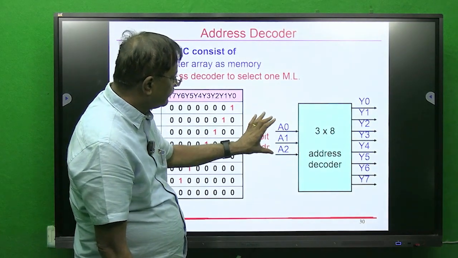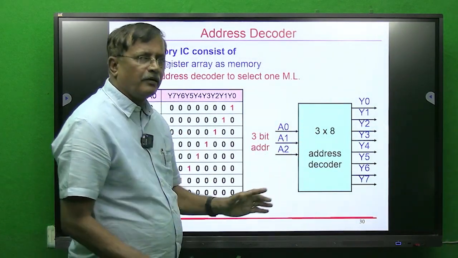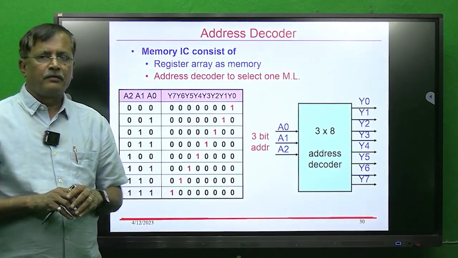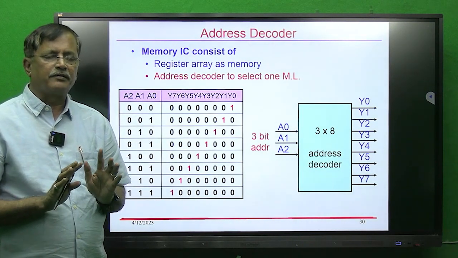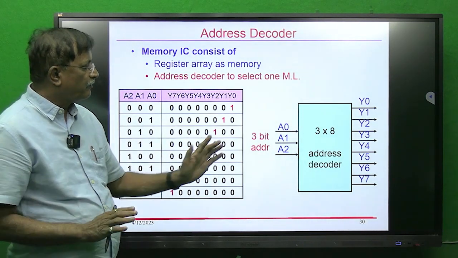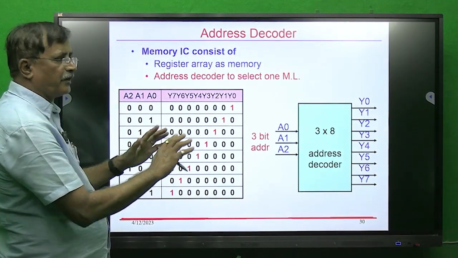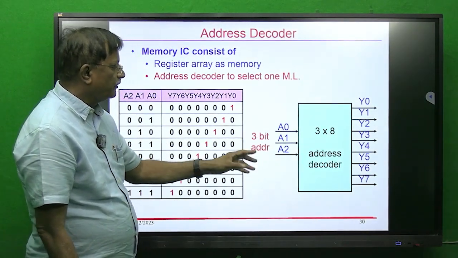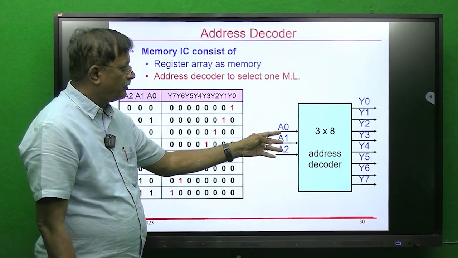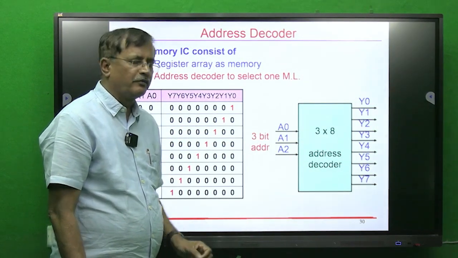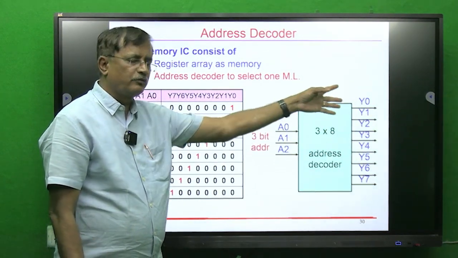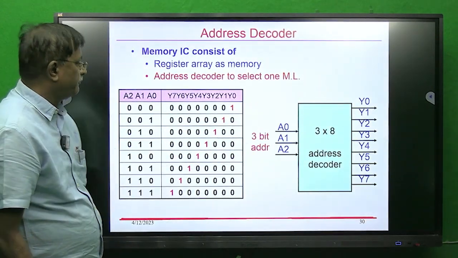For that purpose, there is an address decoder inside the memory IC. Whatever the capacity of the IC, there will be an address decoder. Since this is an example of 8x8, I am talking about only 3 address pins, so that I get 8 outputs, and those 8 outputs will be used to select 1 register out of 8.